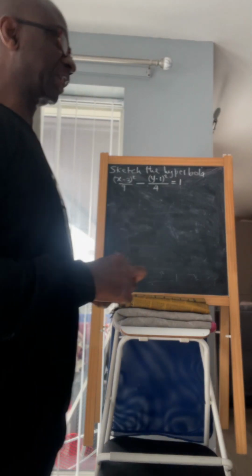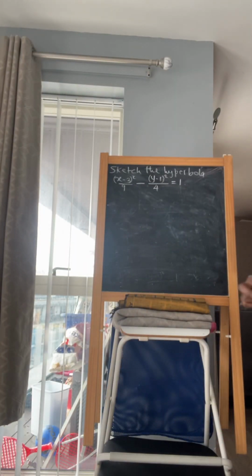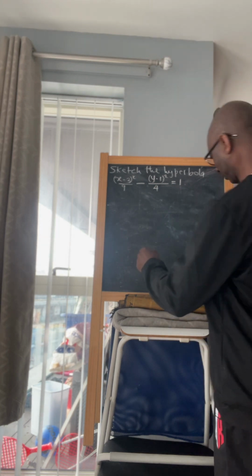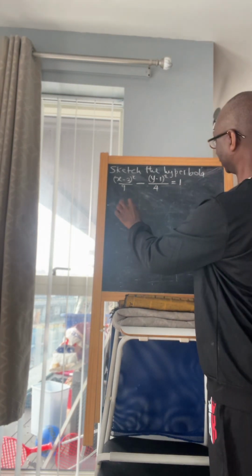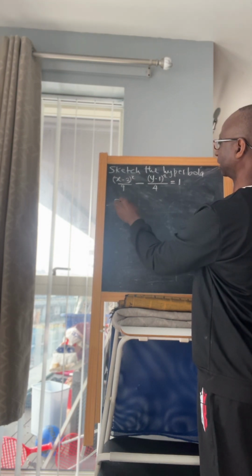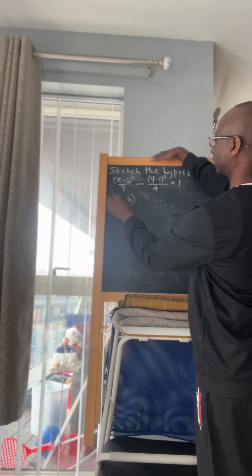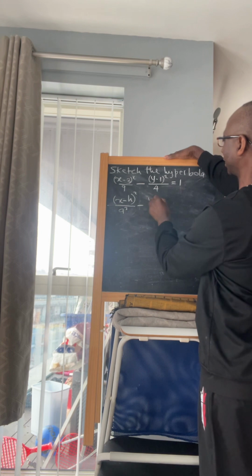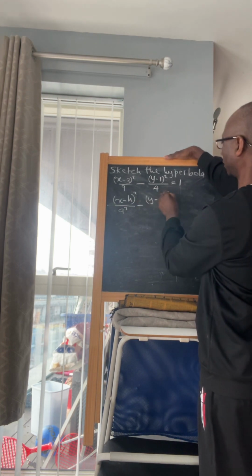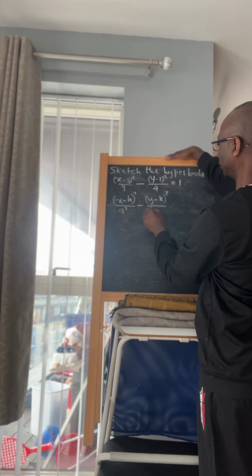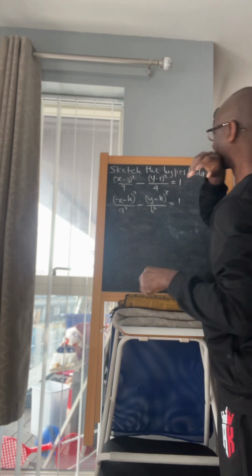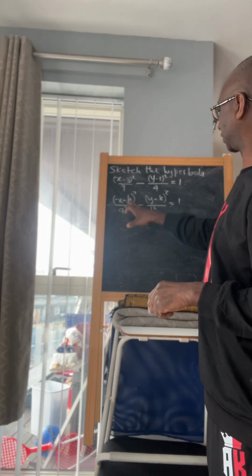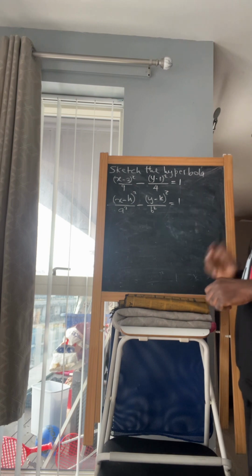So in trying to sketch this hyperbola, you need to know the features of the hyperbola. From the standard formula you are given, which is (x minus h) squared over a squared minus (y minus k) squared over b squared equals 1, we need to find these features h, a, k, b.